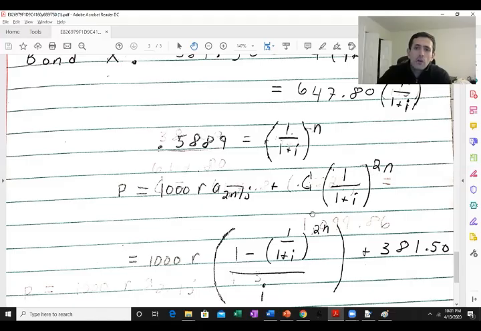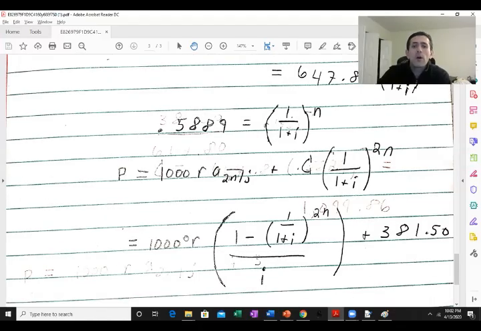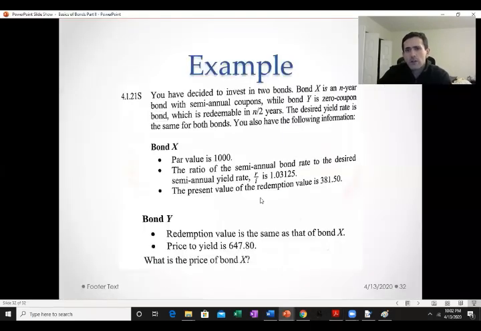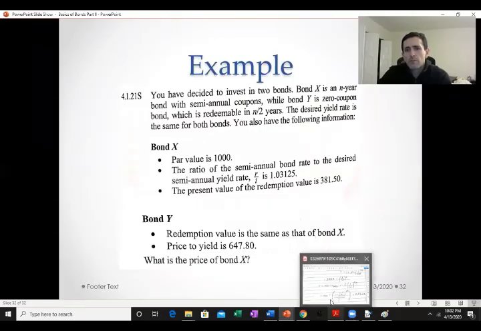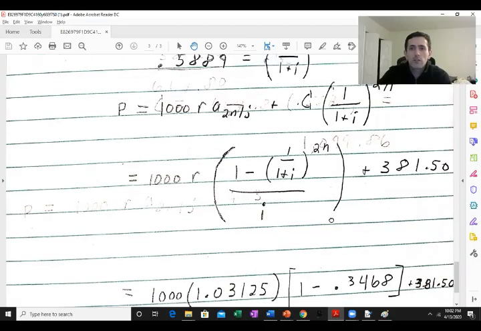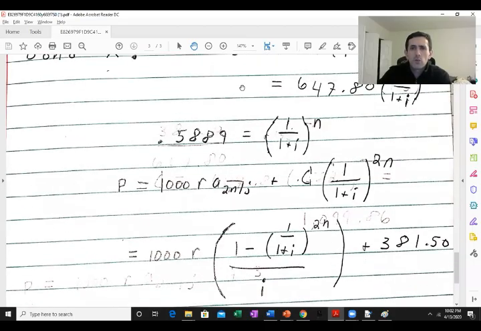Okay, so, well, we know what r over i is. We're given r over i. It is 1.03125. We know what 1 minus 1 over 1 plus i to the 2n is. Well, sorry, it's not whatever this is. It's 0.5889. That is what 1 over 1 plus i to the n is.